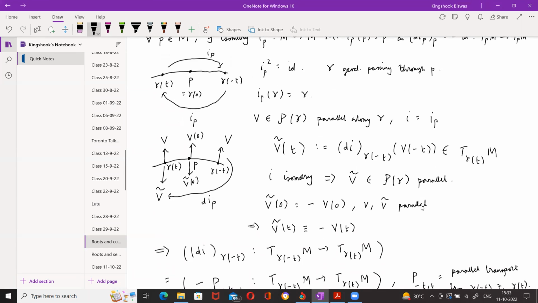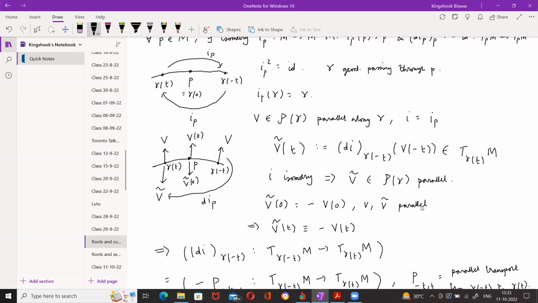Yes, because the derivative of I at the fixed point is minus identity. So V tilde 0 is minus V0, but now both of these are parallel vector fields, right? So if at one point V tilde is equal to minus V, then at all points V tilde will be minus V, right?